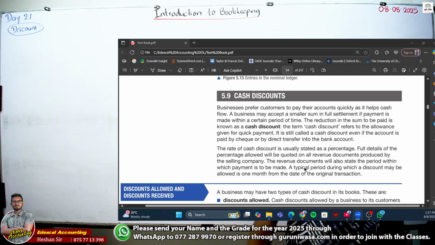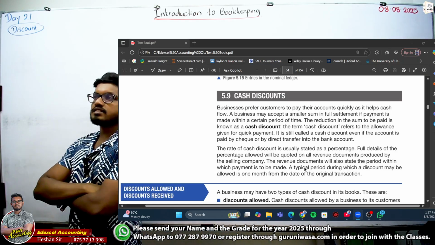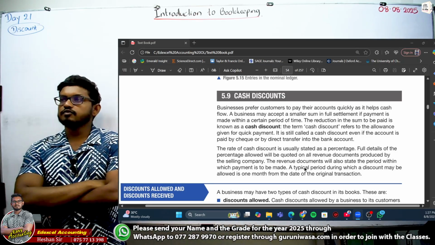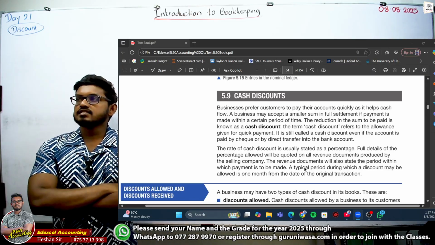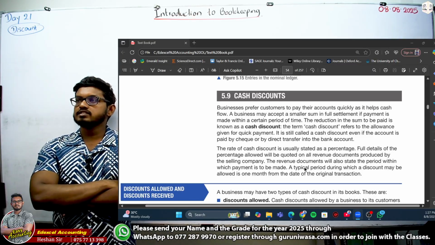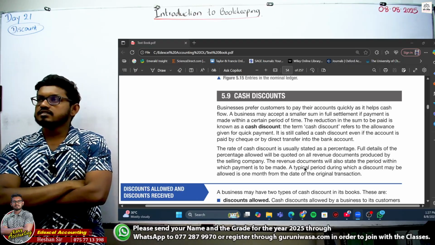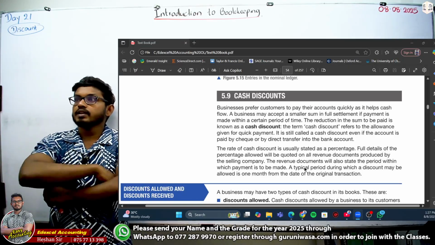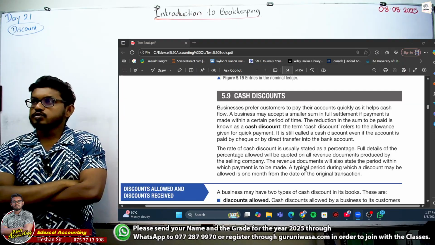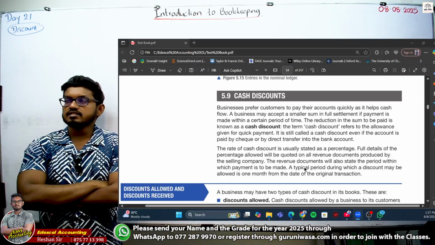Then, the term cash discount refers to the allowance given for quick payment, right? It is still called cash discount even if the account is paid by check or by direct transfer into the bank account. The rate of cash discount is usually stated as a percentage.